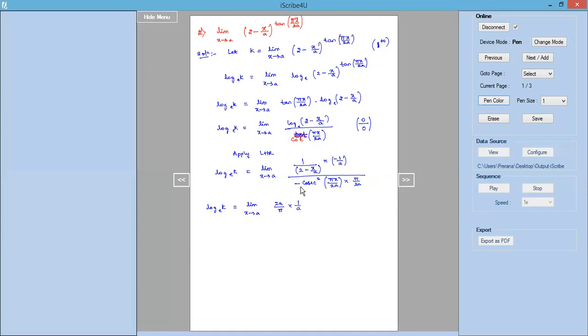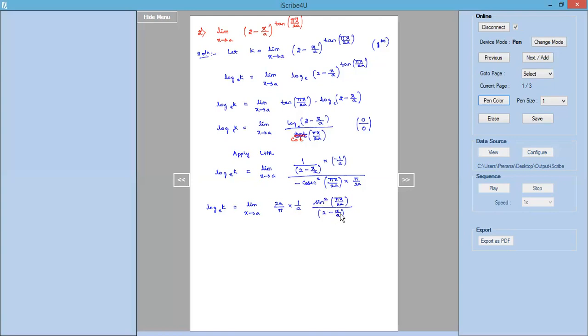Minus and minus I've got cancelled. 1 divided by cosecant square we have. 1 divided by cosecant square is the same as writing sine square. So sine square pi x by 2a, the whole divided by 2 minus x by a. I've just rearranged this.